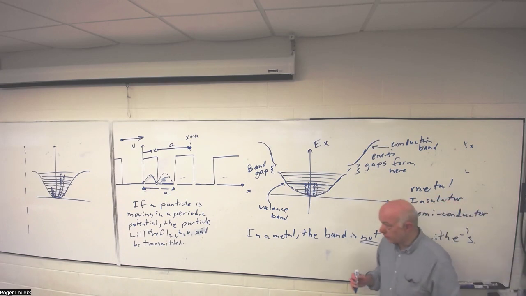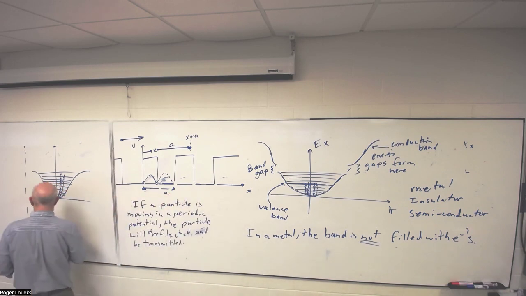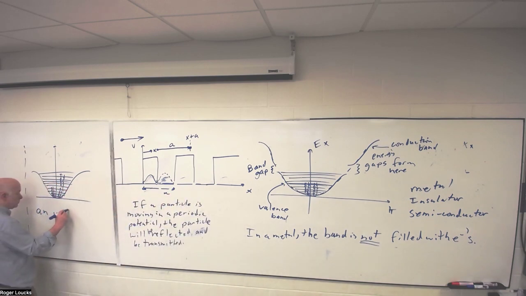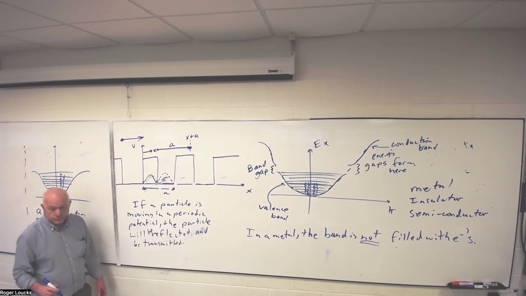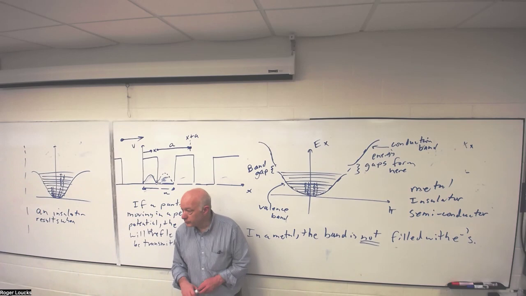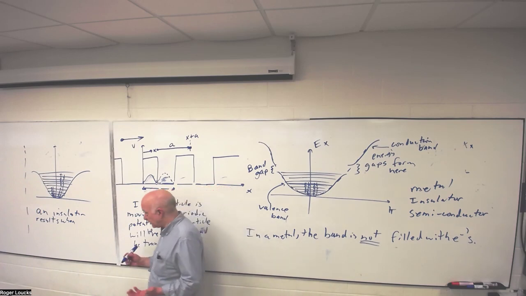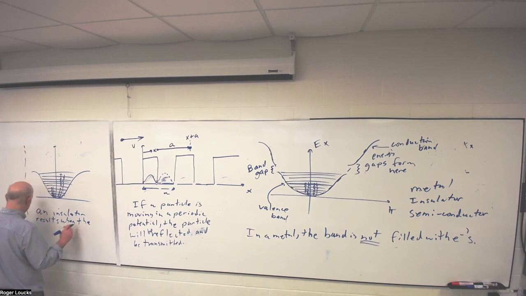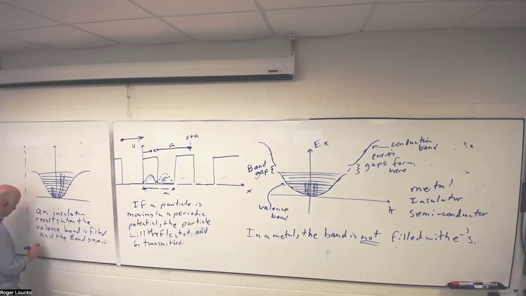Now, how do you then get an insulator? So an insulator, you need two things. You need to fill the valence band, and the band gap is large.